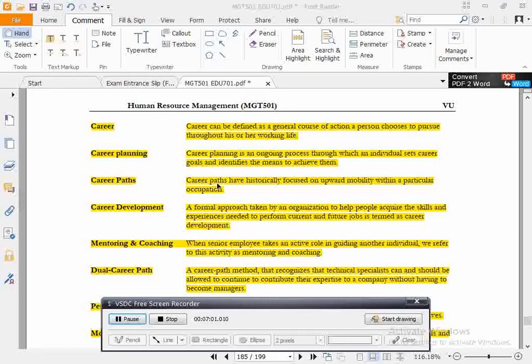Career paths have historically focused on upward mobility within a particular occupation. Career development: a formal approach taken by an organization to help people acquire the skills and experiences needed to perform current and future jobs.